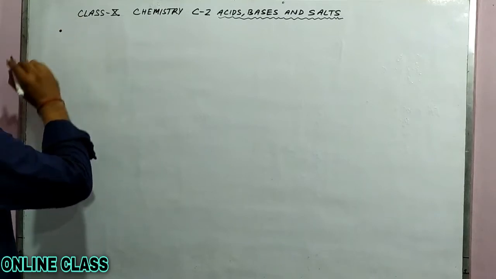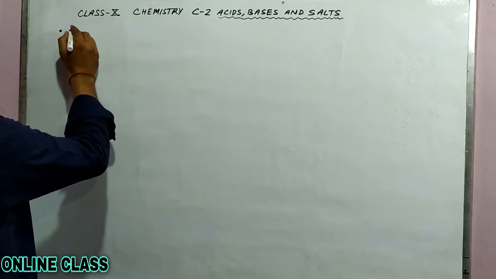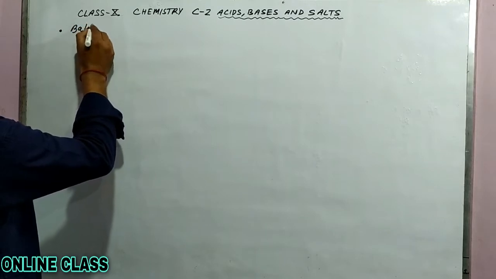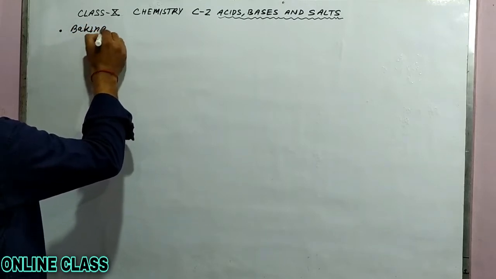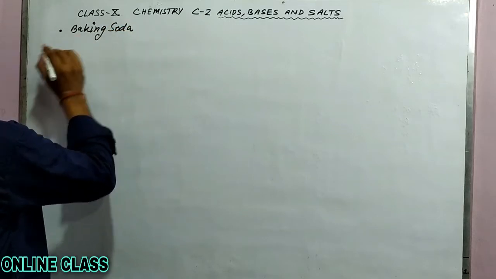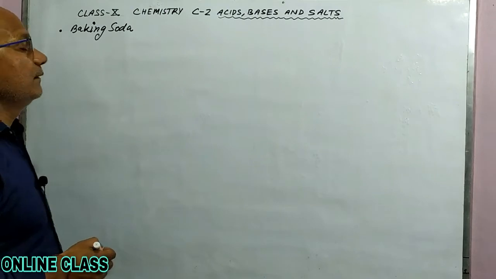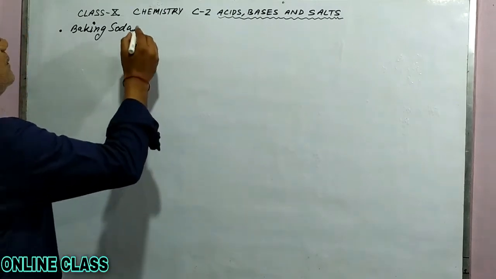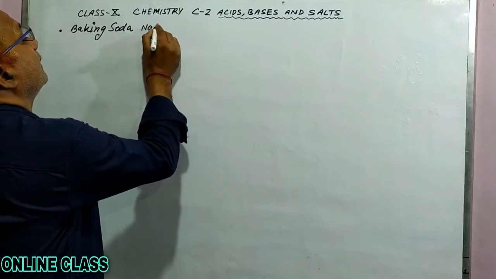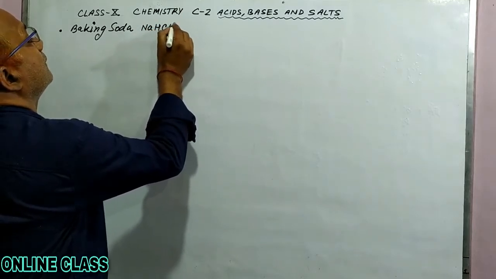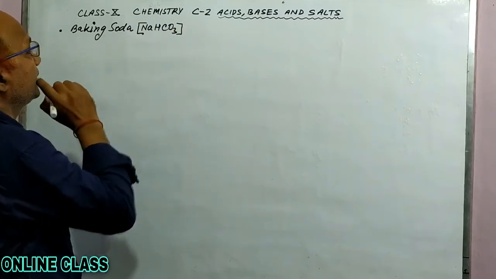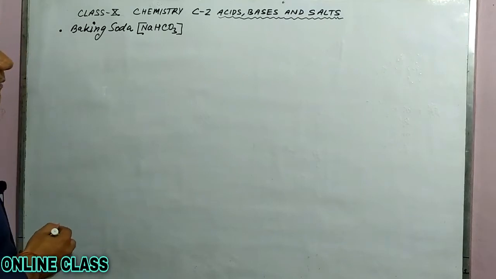Next chemical is baking soda, and its chemical formula is NaHCO3, means this is sodium hydrogen carbonate.